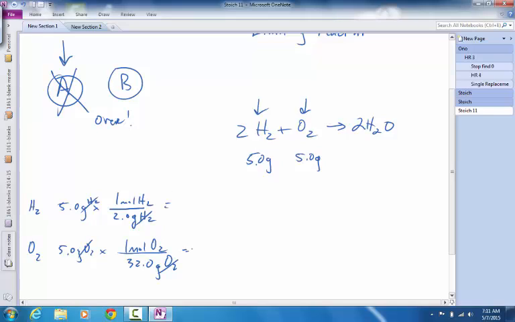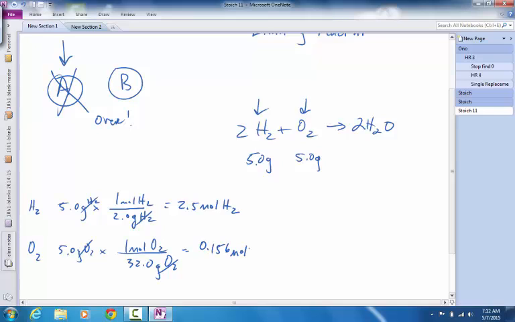When we divide by the molar masses, guys, it's really simple. So 5 divided by 2 is obviously 2.5 moles of hydrogen, and oxygen, 5 divided by 32, a big number, we're going to get 0.156.